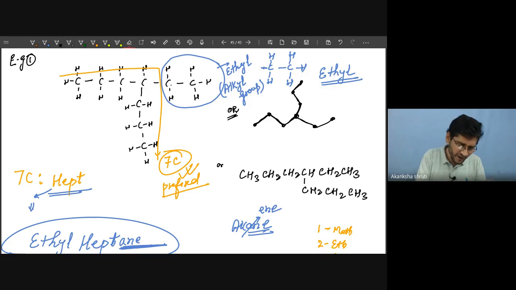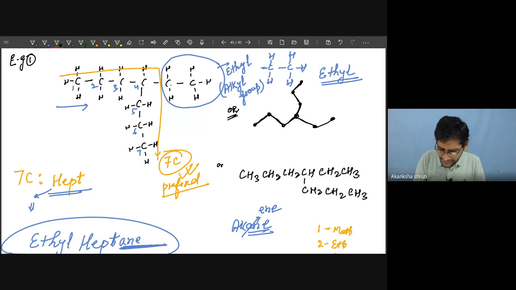Now coming to the numbering. You are free to number from this end, or even you are free to number from this end. Let me start from the left end. Consider this 1, 2, 3, 4, then 5, then 6, then 7. So this 7 carbon I have numbered like this.